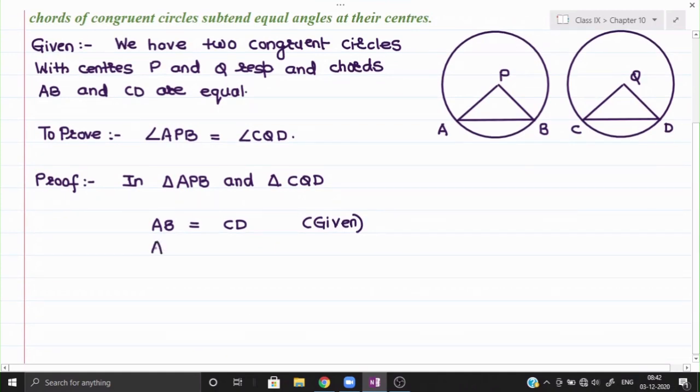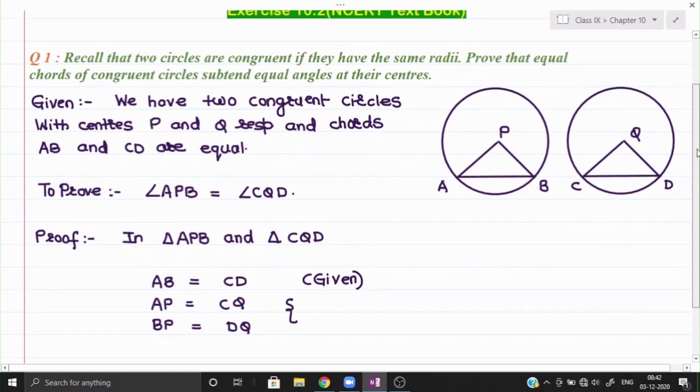I am writing AP is equal to CQ. Second, BP is equal to DQ. How can I say this? In the question we are given that the circles are congruent, and they said in the beginning of the question that if two circles are congruent then they have the same radii.